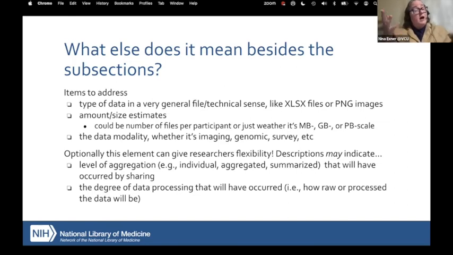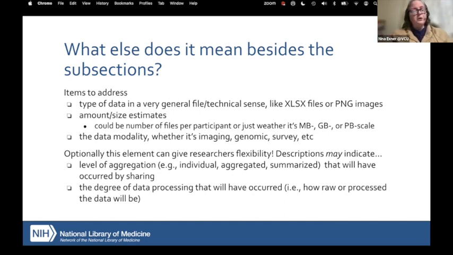And that means, are we going to share individual data, or are we going to share aggregated or summary data? It says in the policy that we can describe that. So in a lot of cases, aggregating may be a very useful description to include.